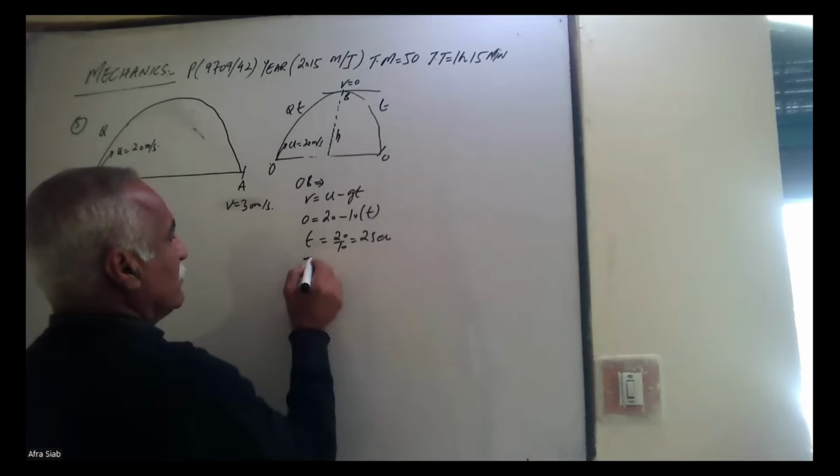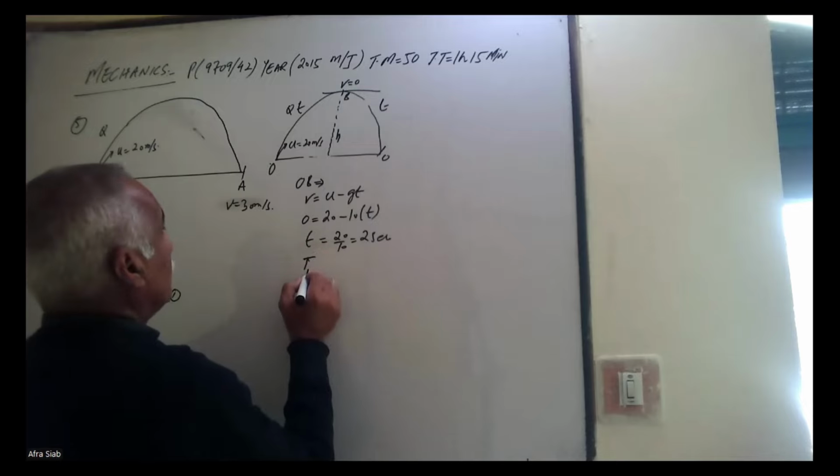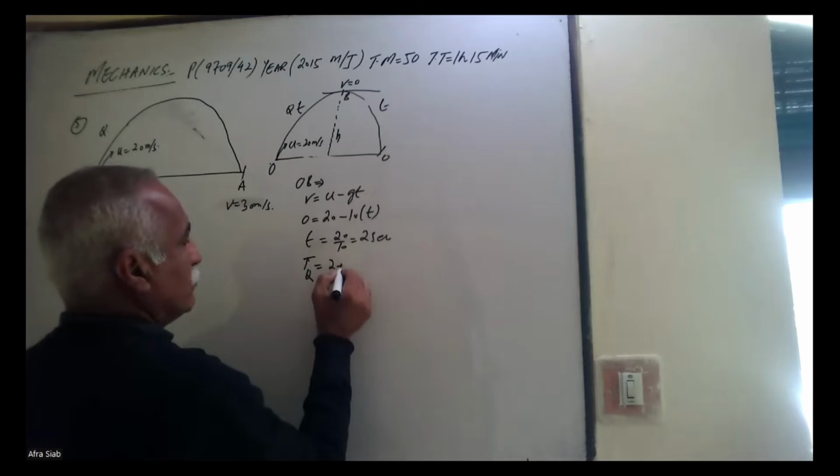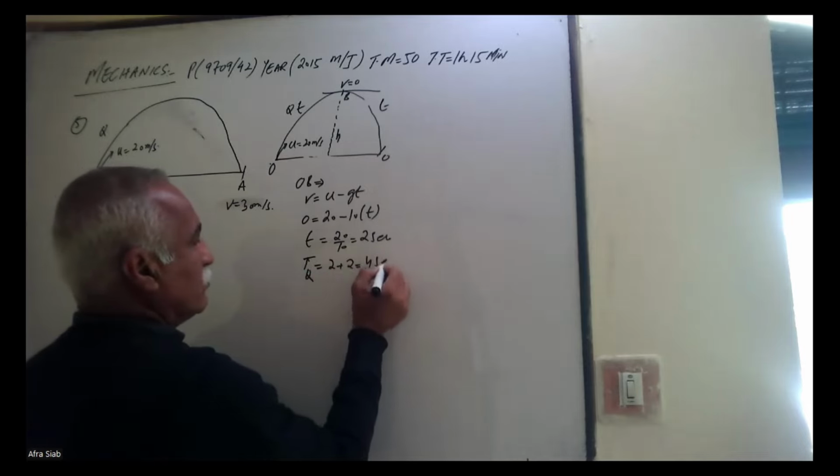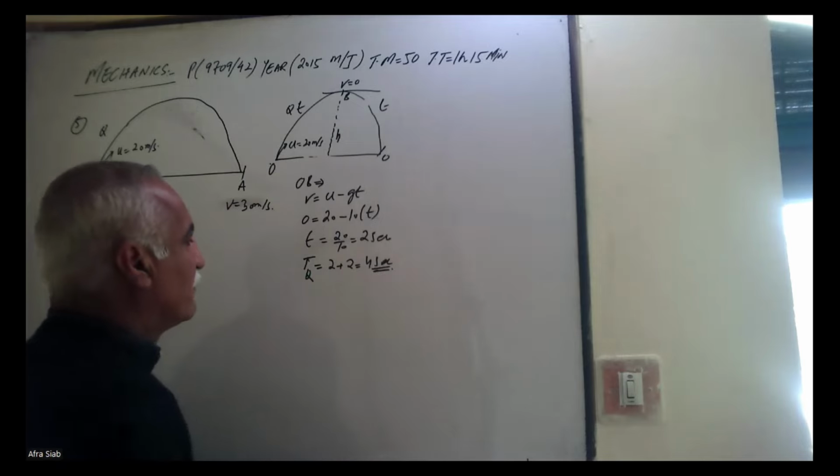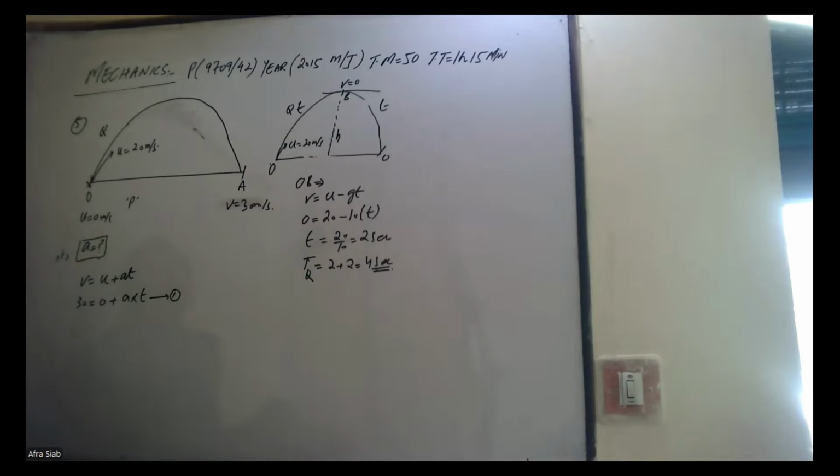So the total time taken for this particle Q there is equal to 2 plus 2, and that is equal to 4 seconds. At 4 seconds after O, the particle Q is going to meet with the point A.